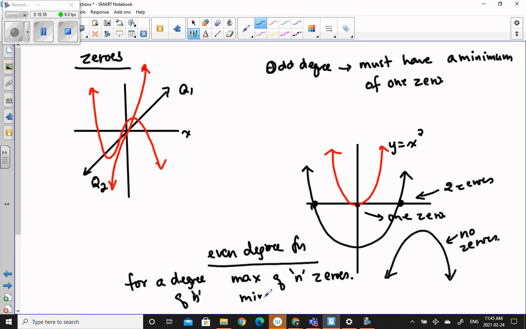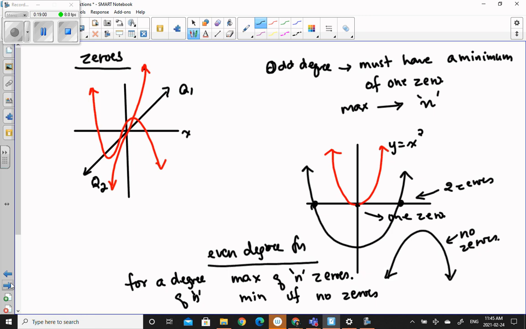And a minimum of no zeros, right? So the maximum you can have is n, and the minimum you can have is none. Whereas for an odd degree function, the minimum you can have is 1 because it has to cross at one point, and the maximum you can have is n. Like in this case, it's cubic, so you have degree 3, and you have 3 zeros.